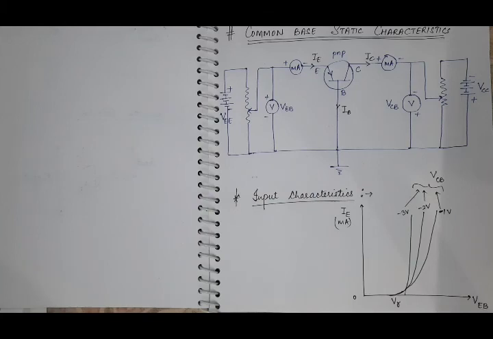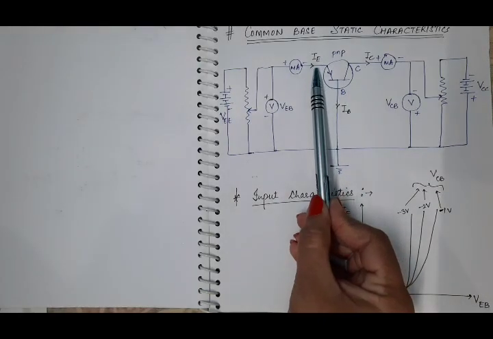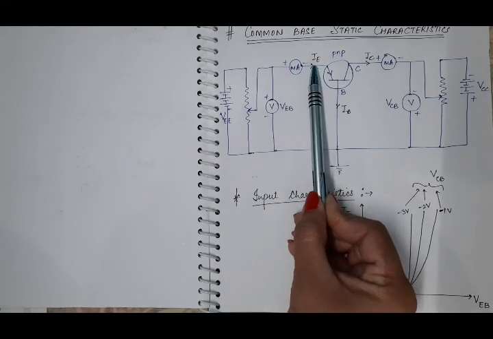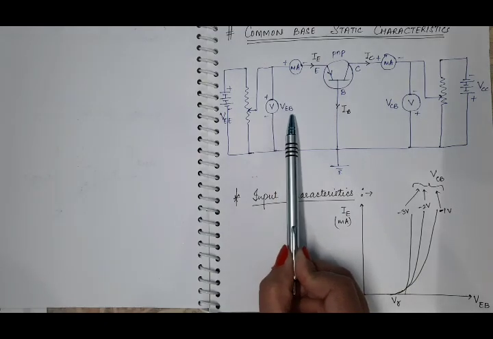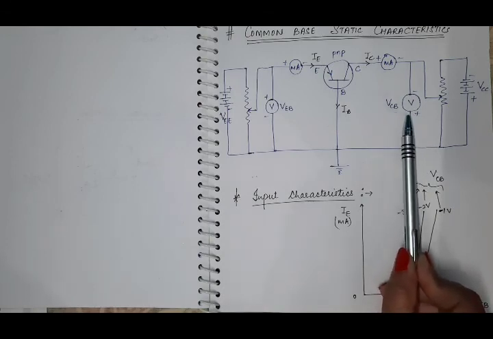In case of input characteristics of a common base transistor, what is the input current? As the base is common, the input current is the emitter current. So input characteristics are the study of variation of input current, that is emitter current, with the variation in input voltage, that is VEB, emitter base voltage, at constant output voltage, that is VCB.